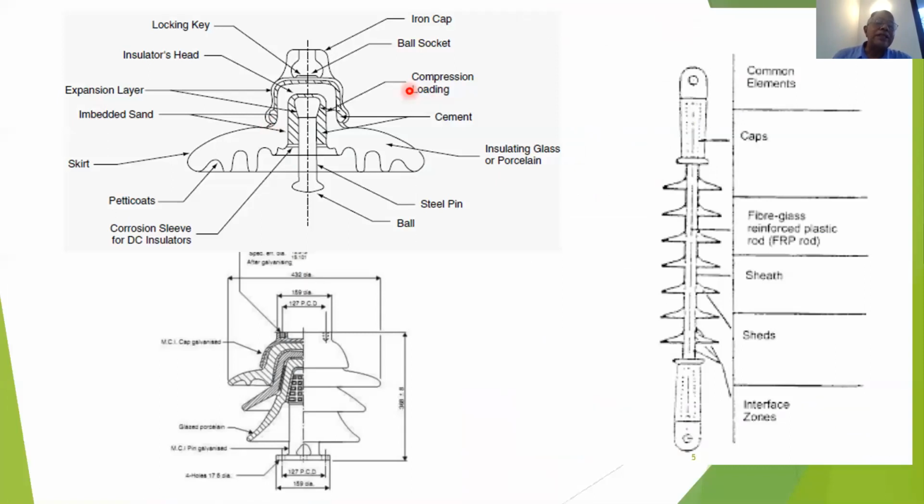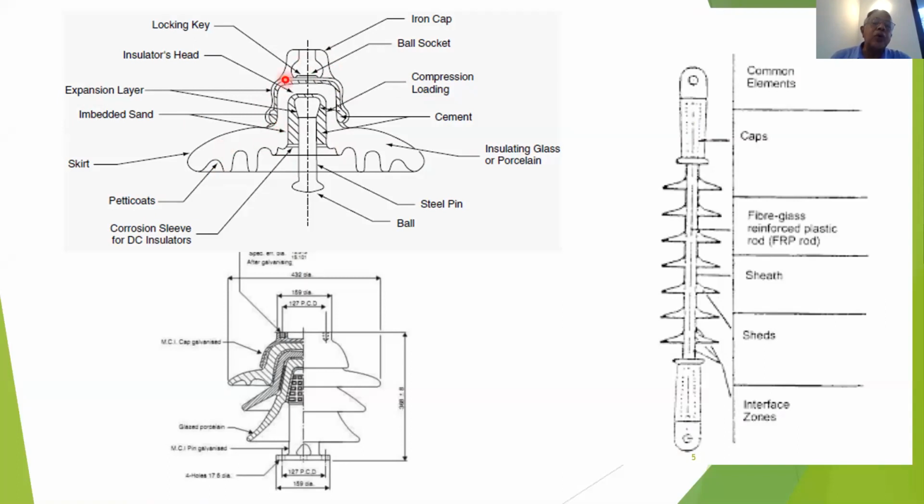This disc insulator has collars. These collars. Now here you have the iron, that is cast iron cap, and this area is bonding cement, and this area is again the insulator.